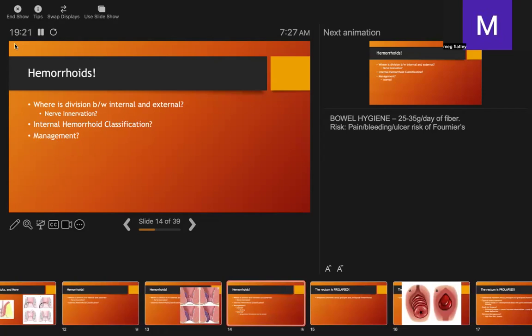So fiber, water, and then what else? Toilet habits. What kind of toilet habits? It's less than 5 minutes, so don't sit and read the newspaper on the John every morning. That's not good.